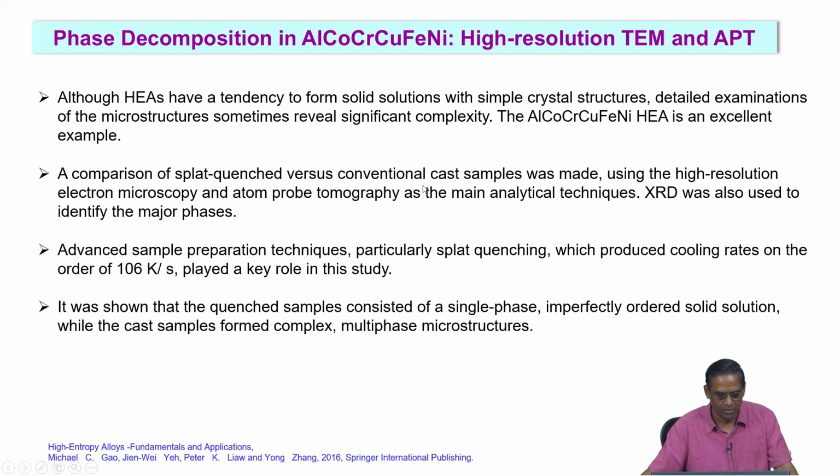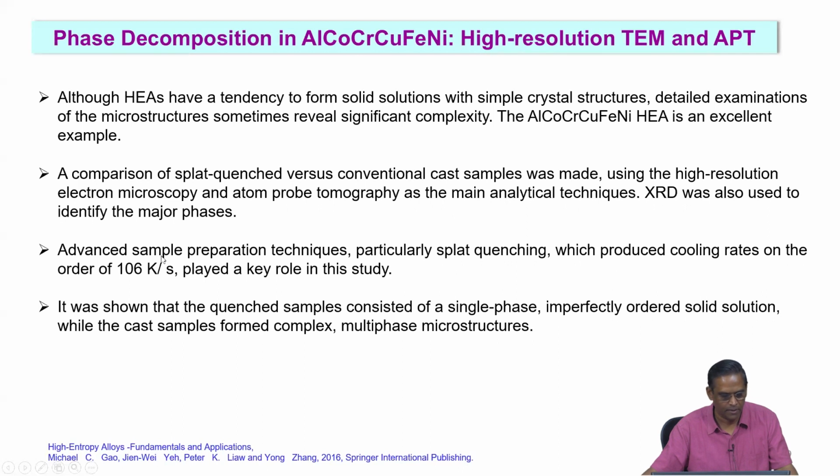So what are the sample conditions? We are comparing the splat quenched versus conventional cast samples using high resolution electron microscopy and atom probe tomography. And XRD was also used to identify major phases.